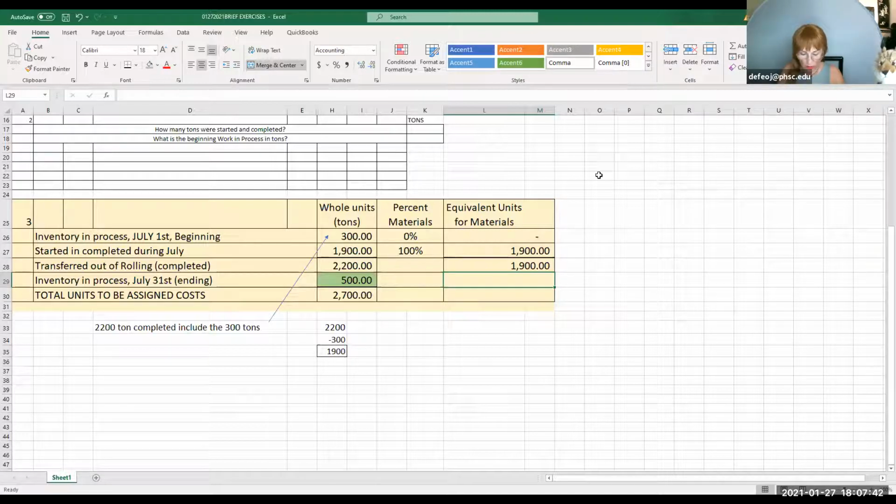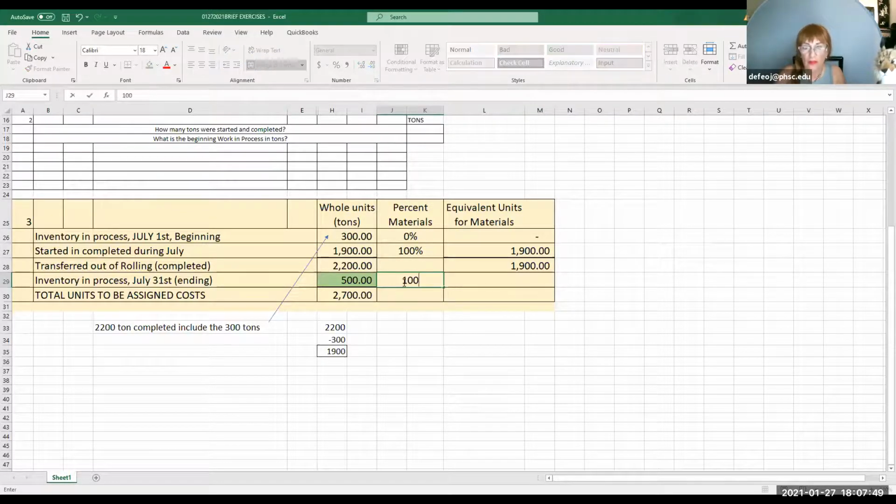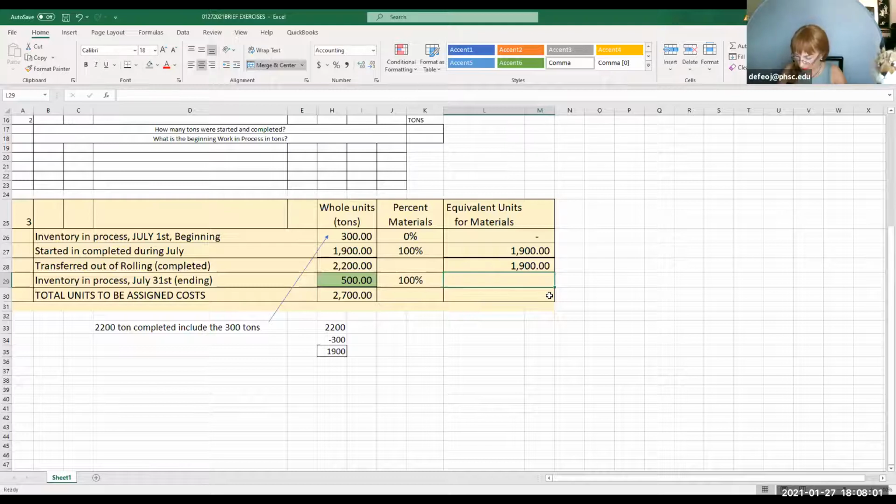So now what happens? The inventory for July, we have to add 100%. And let's just put a percent sign here. So what is this number going to be? 500. Yes, 500. All right. I want somebody else to answer. What is this number going to be? We're going to add this plus this. Jared, Angela, Emily, anybody?